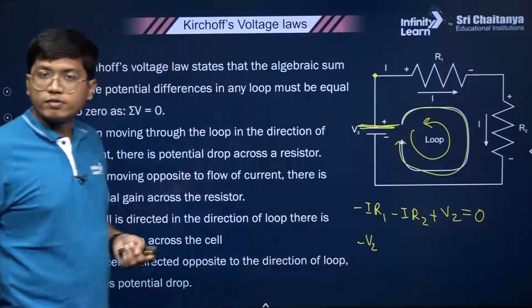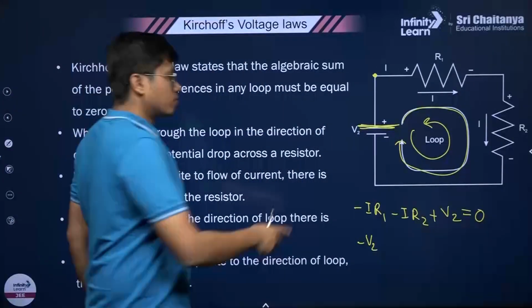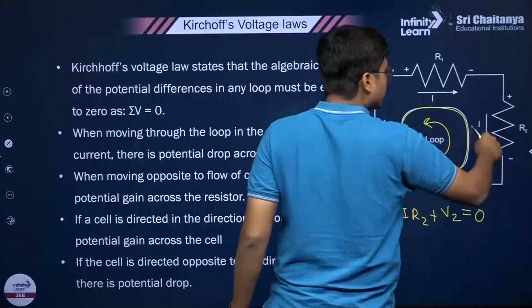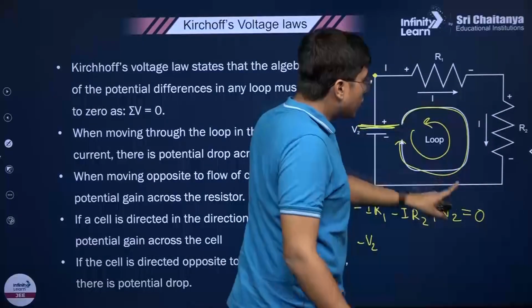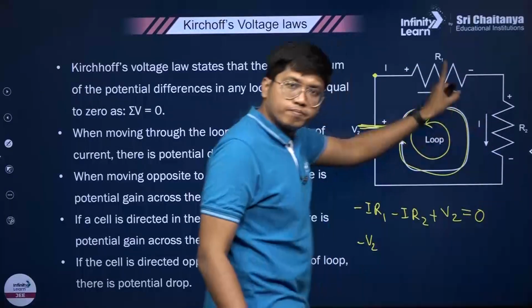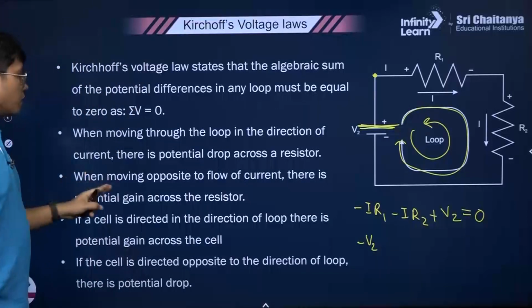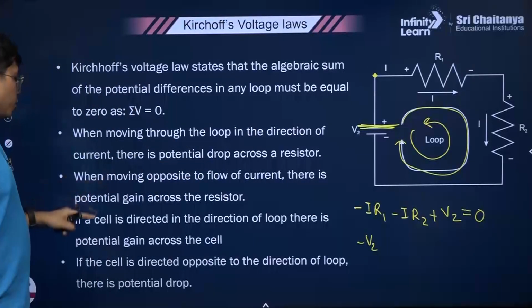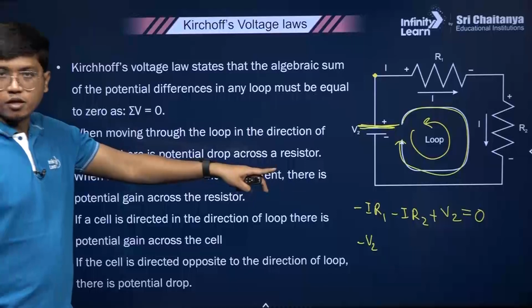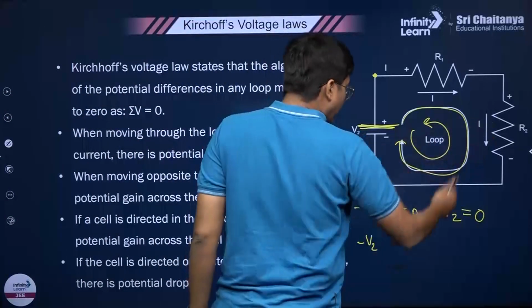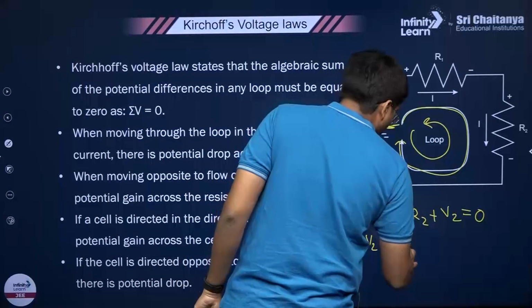It will be a negative sign. Then the bottom part, nothing's there. You come to this resistance. Over there, you see my loop is moving opposite to current. This point says when moving opposite to flow of current, there is potential gain across the resistor, which means this IR2 will now come with a positive sign.